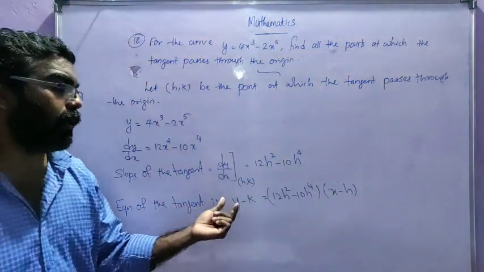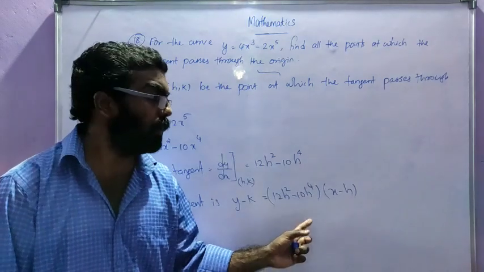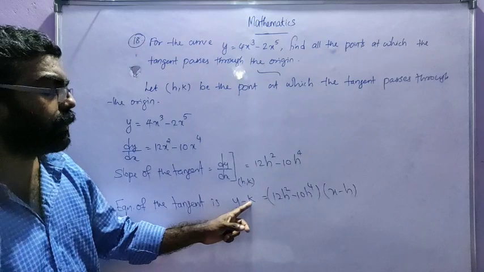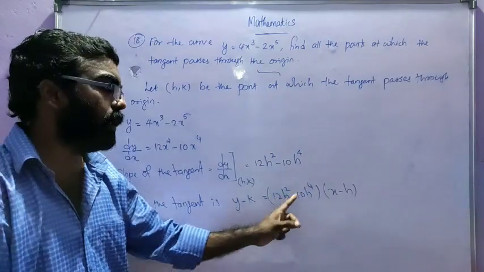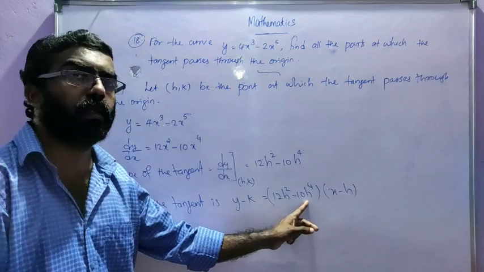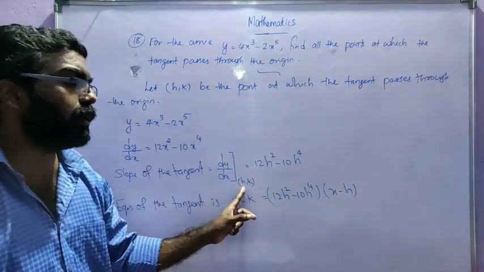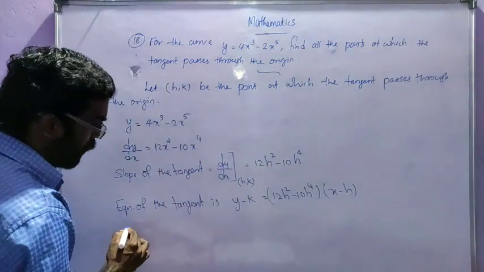Our equation is y - y0 = f'(x0) = dy/dx into (x - x0). Here the y0 value is k, so y - k equals the slope of the tangent, 12h^2 - 10h^4, into (x - x0). The x0 value is h, and it is given that the tangent passes through the origin.